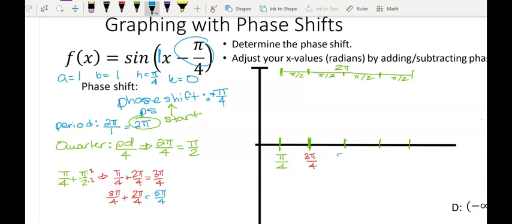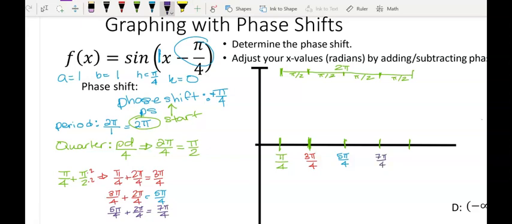So that's what I'm going to put right here, 5 pi over 4. I'm going to add pi over 2 again. So I've got 5 pi over 4 plus 2 pi over 4 again. That gets me 7 pi over 4. So I've got 7 pi over 4.